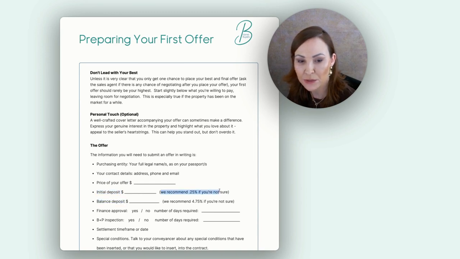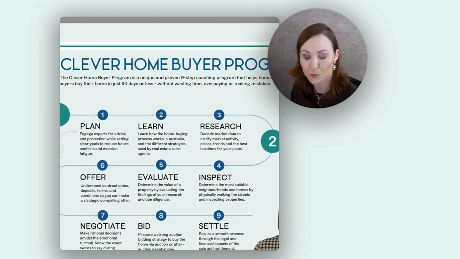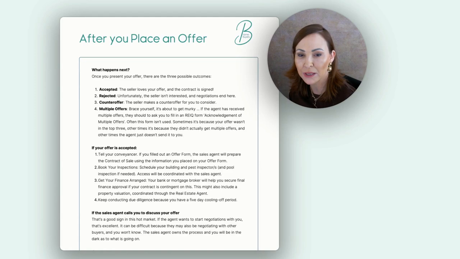Here we recommend this much and this much if you're not sure. This is the last page in the workbook before the end of the workbook. So we try and make it clear for you and we will get to that.